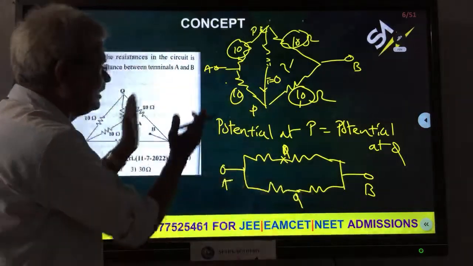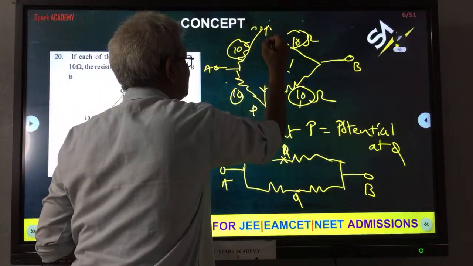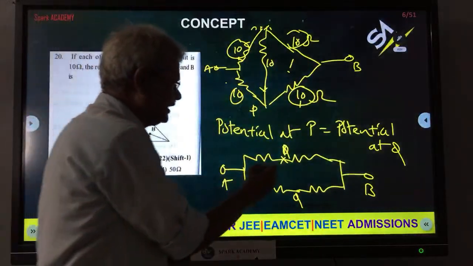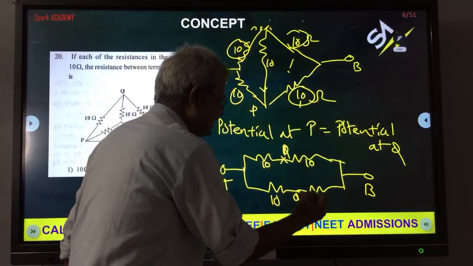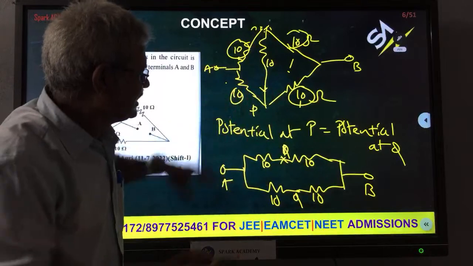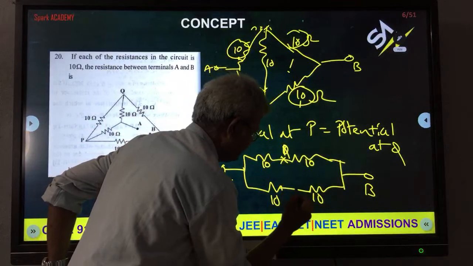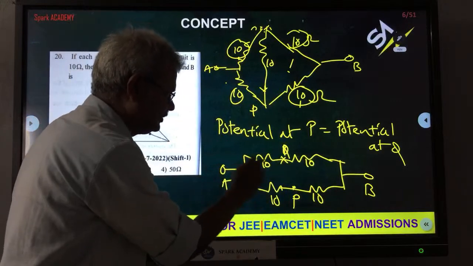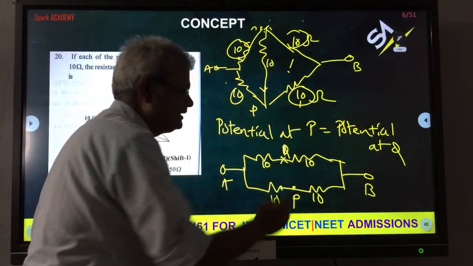So it got reduced into a circuit which is known to us. Whenever the ratio of this and this is equal to the ratio of these two, the potential at these is equal. Potential equal means the potential difference between P and Q is 0, indicating that no current flows through this. Therefore, the 10 and 10 are in series, so 10 and 10 in series means 20 ohms.